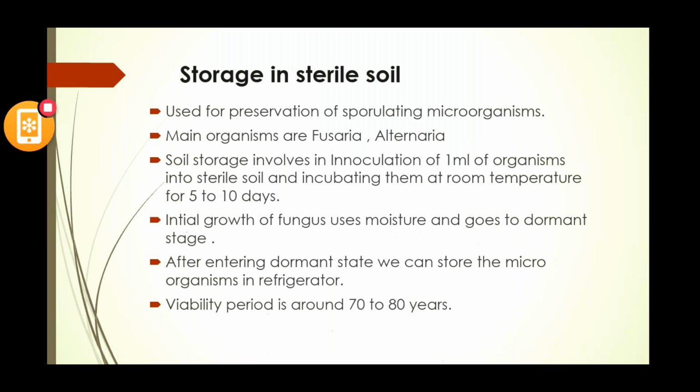Next, coming to storage in sterile soil. For this technique, soil must be autoclaved twice, because we all know soil is also a great source of microorganisms, and it must be sterilized completely to remove all the organisms present in the soil. Generally, this type of preservation technique is used for preserving sporulating organisms.